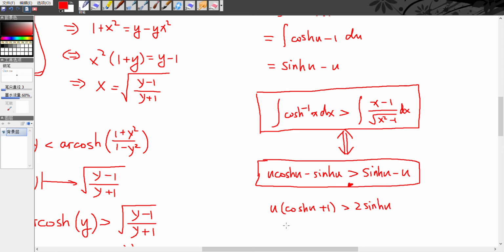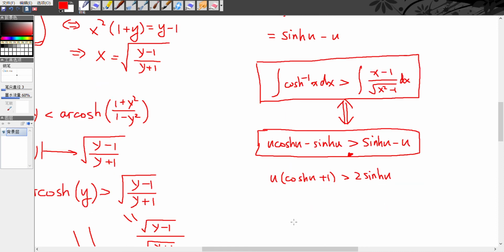And now here is a very tricky trick, which is just to send all our u to arc cos x.